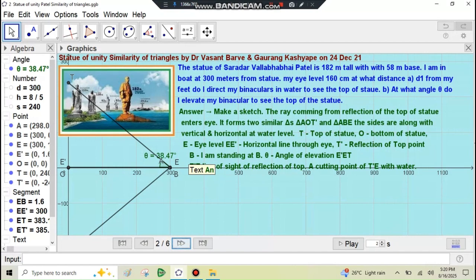T dash is the reflection of top point. B, I am standing at B, right here. Angle of elevation is E dash ET. T dash E line, the reflection of the water. Now let us see these things here.